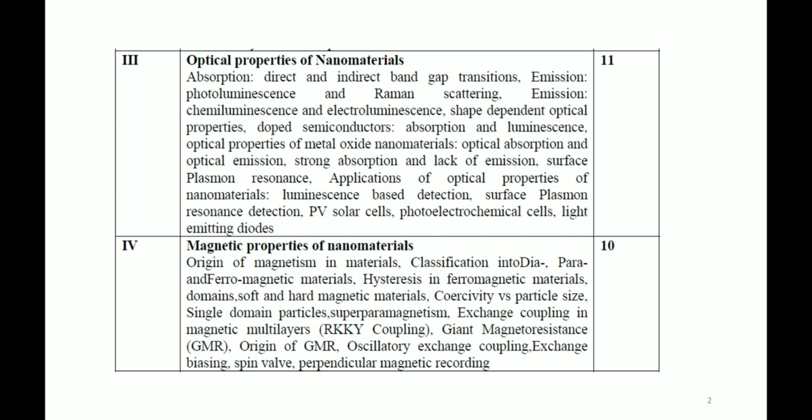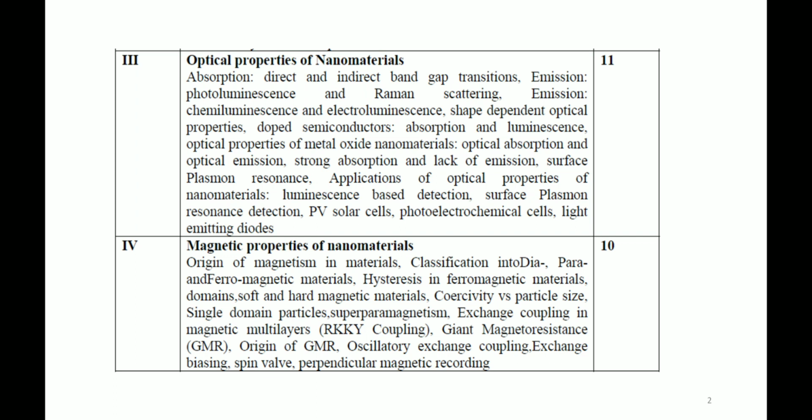Now this effect, superparamagnetism, is new. It will only originate when the material enters into the nanoscale. As long as the material remains in the bulk scale, we only have effects like diamagnetic, paramagnetic, ferromagnetic, ferrimagnetic, antiferromagnetic.